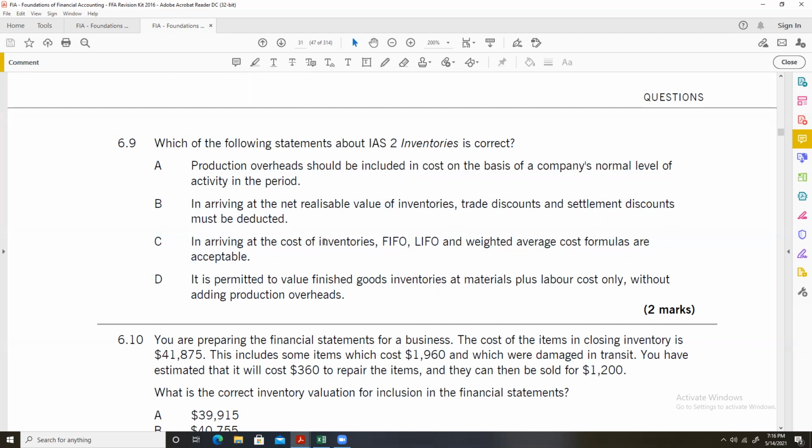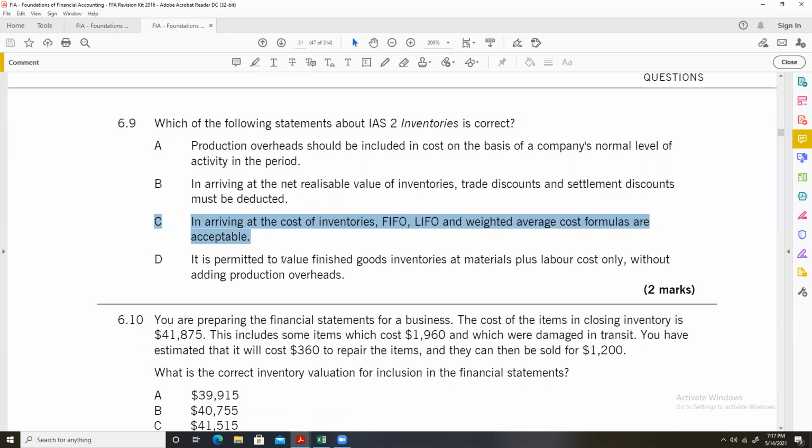In arriving at the cost of inventories, FIFO, LIFO and weighted average cost formulas are acceptable. No, IAS 2 prohibits the use of the LIFO method, so this one is incorrect. It is permitted to use finished goods value at material plus labor cost only without adding production overheads.